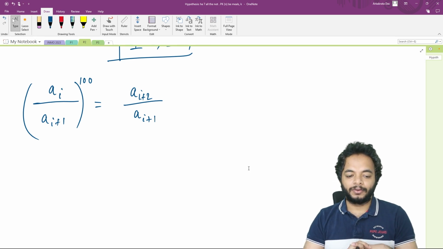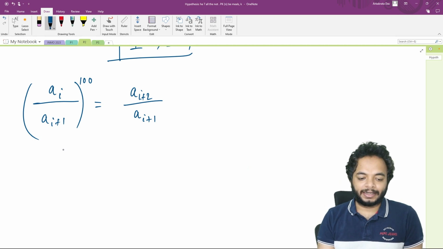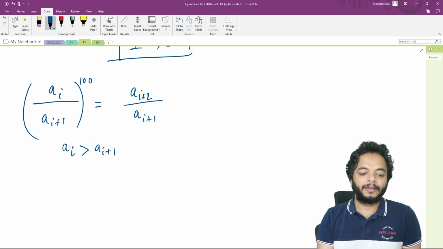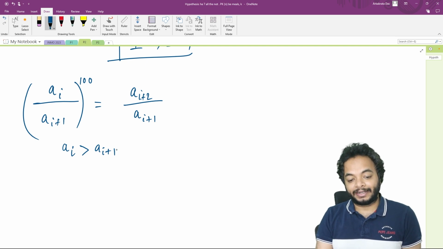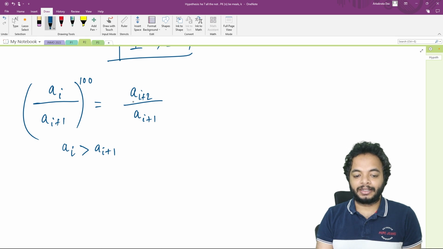Now notice one thing. From here what we can say is that if Ai is greater than Ai plus 1, then the left hand side would be greater than 1, and so the right hand side would also have to be greater than 1, and so for that Ai plus 2 has to be greater than Ai plus 1.